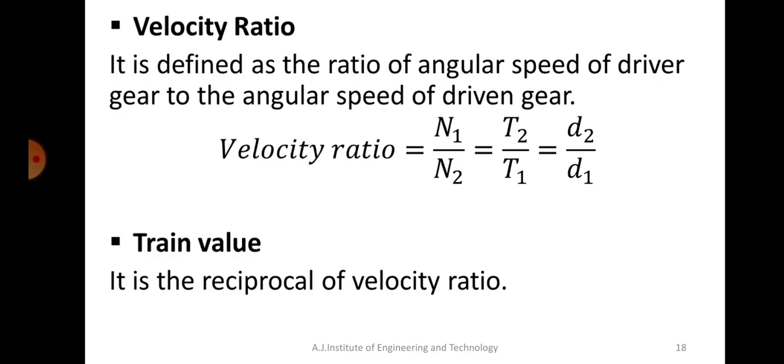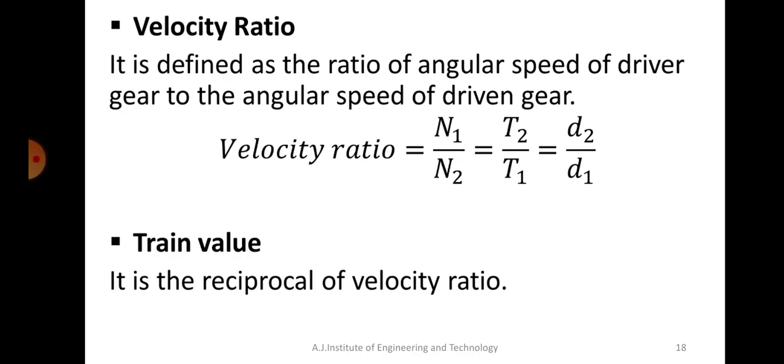No, N1 by N2 is also equal to T2 by T1, which is also equal to D2 by D1. Now what are those terms? I have already told you what N1 and N2 are, isn't it? N1 is the speed of the driver, N2 is the speed of the driven gear.